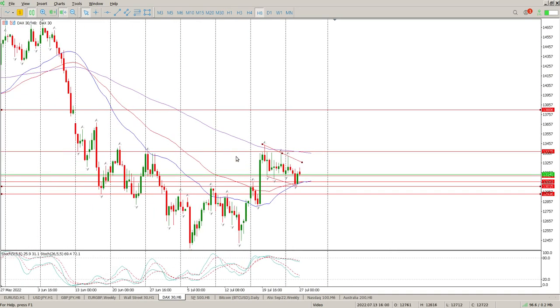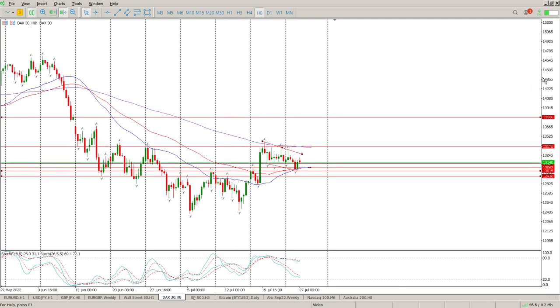We start dropping below these structures here, you're going to have to take out some of these lows before your shorts actually make sense. At the moment, this is looking poised as a flag and a potential rounding bottom that is forming, but I need to see us break above 13,375 before I have that confidence to start taking longs.